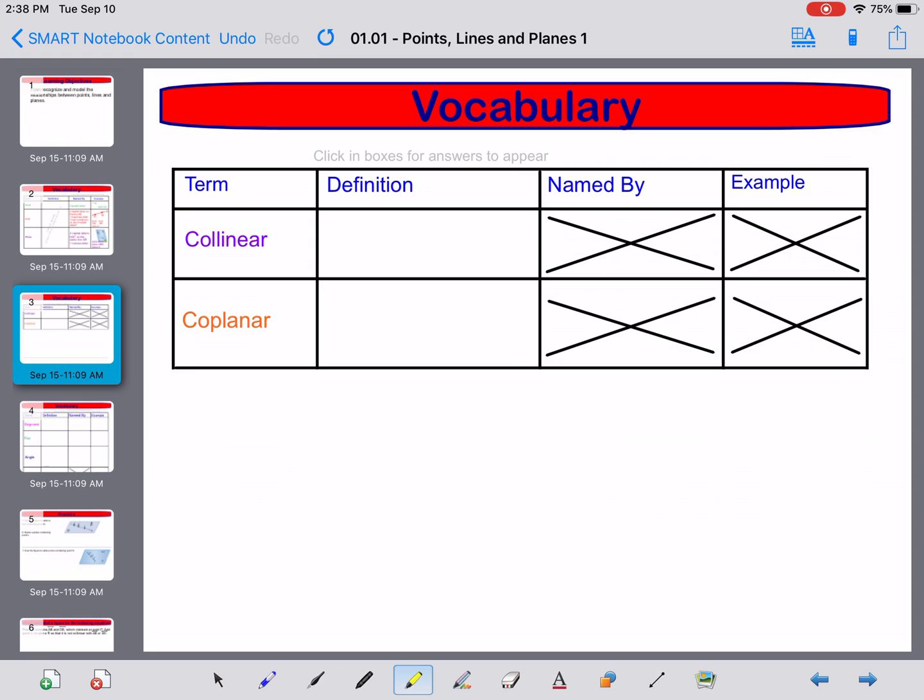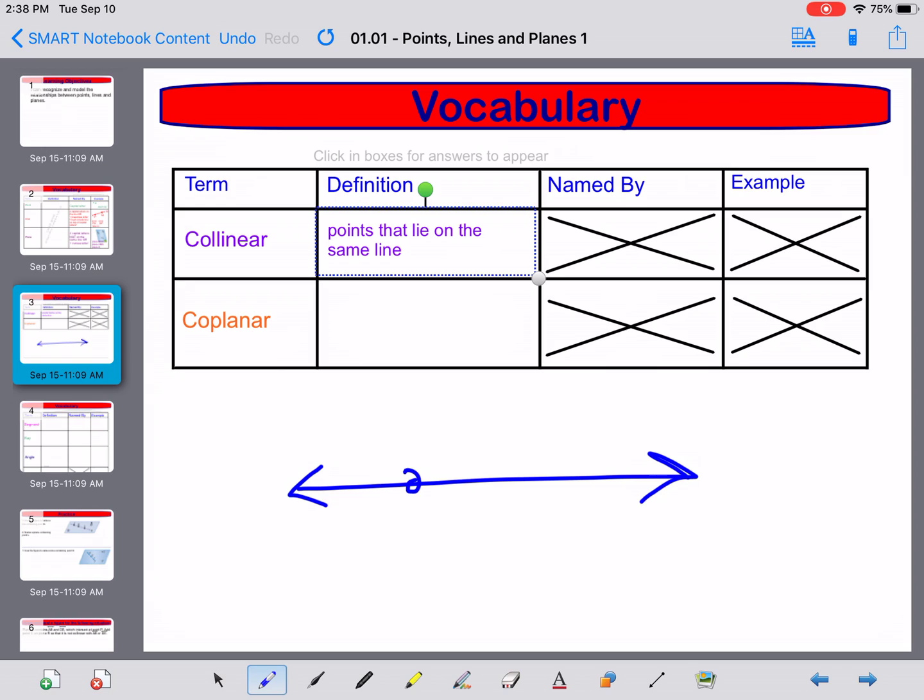So there's points, lines, and planes, and how we can name them. Other things that we have to pay attention to are what's called collinear or coplanar. Collinear are points that lie on the same line. So if I give you, let's make this example, here's a line. Any 2 points, let's say A and B, these are collinear. They're on the same line. Now I could add more, and whatever I add, as long as it's on the line, those are also collinear.